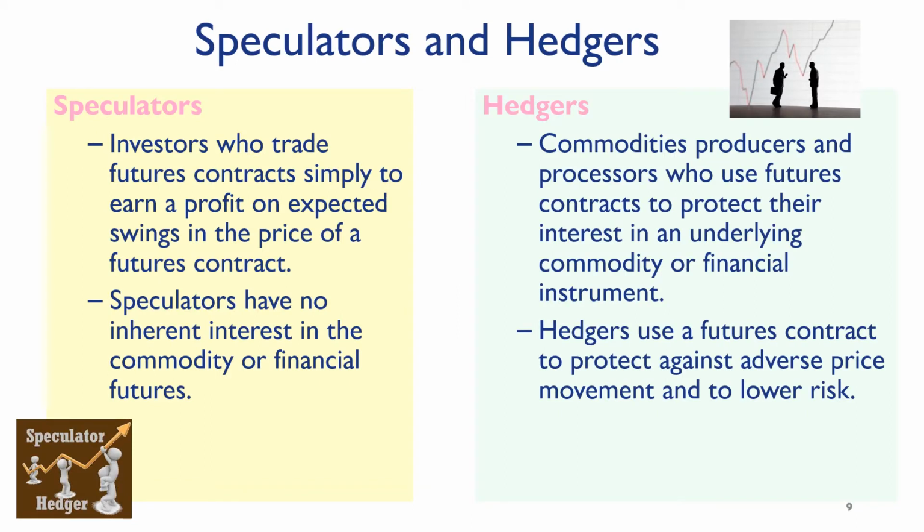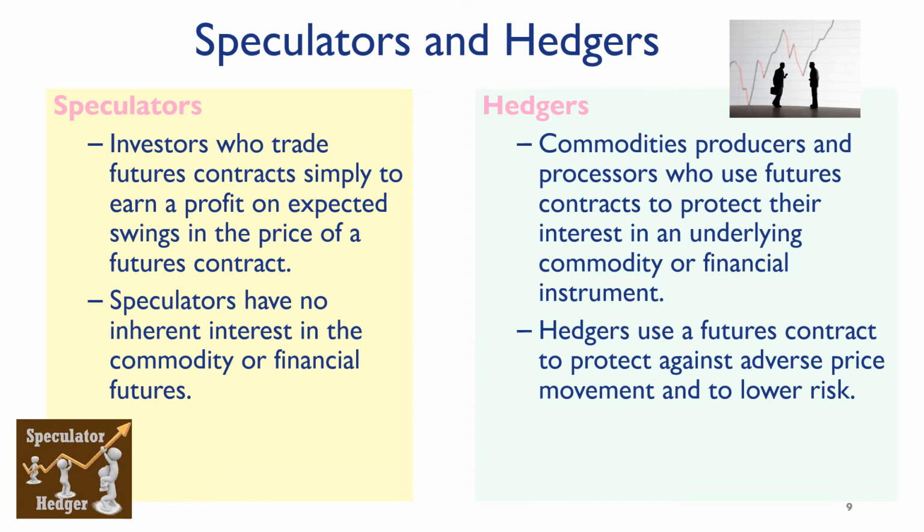Futures are used for both speculation and hedging. Speculators are investors who trade futures contracts simply to earn a profit on expected swings in the price of a futures contract. Speculation involves betting on future price movements. They have no inherent interest in the commodity or financial futures.